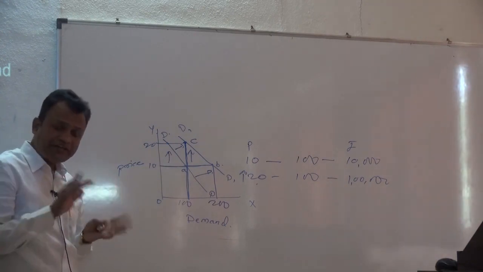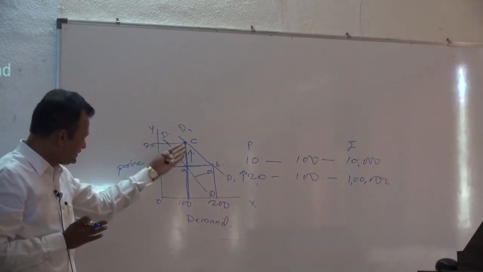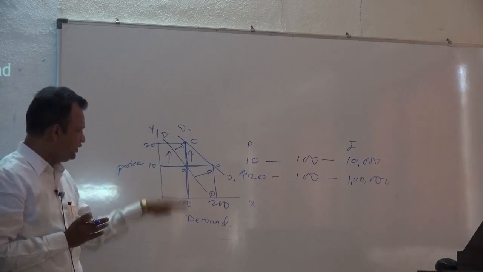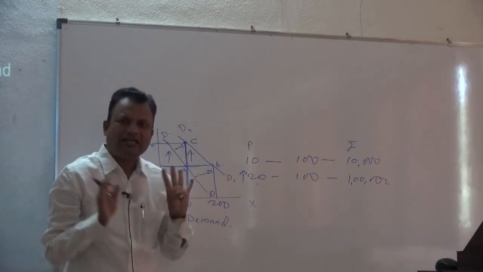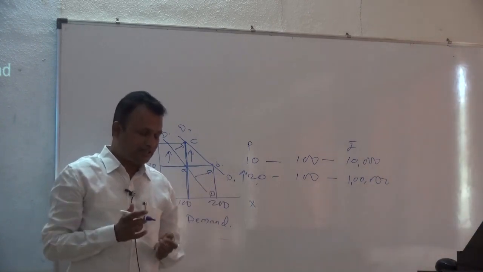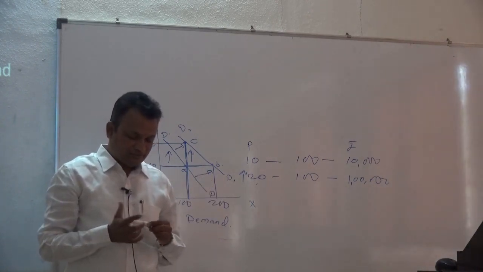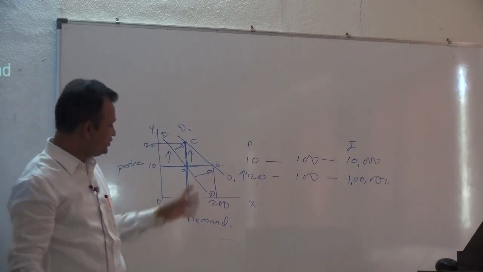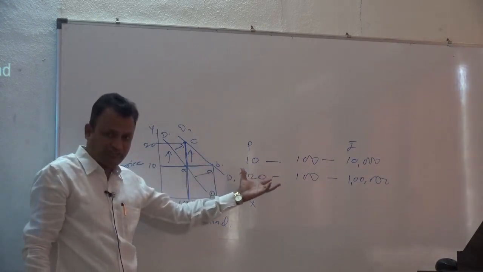Okay, it indicates that at a higher price level, more quantities are demanded, or at the same price level, less quantities are demanded. So we can say that to indicate increase in demand, there should be changes in other factors.